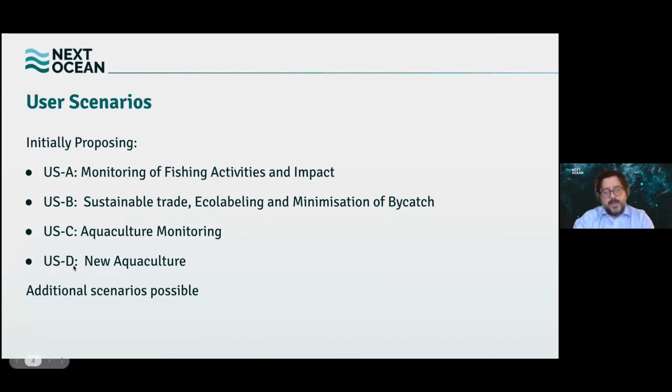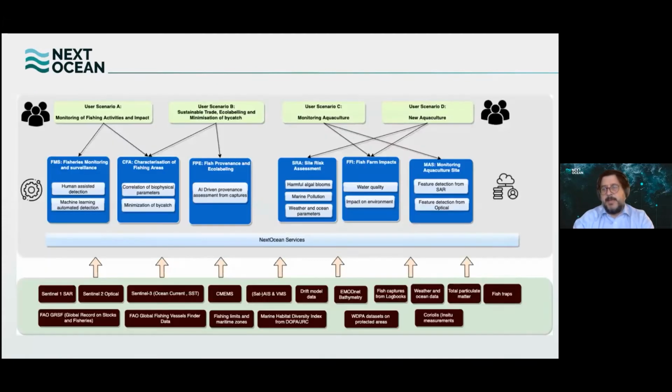The fourth one is the setup of new aquaculture, but this is a starting point of the project. As you'll see later, we will be very closely involved with users, and the scenarios will evolve together with the needs of the users and as we get feedback from them.